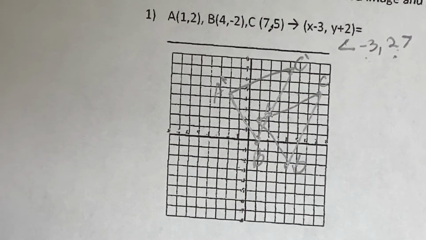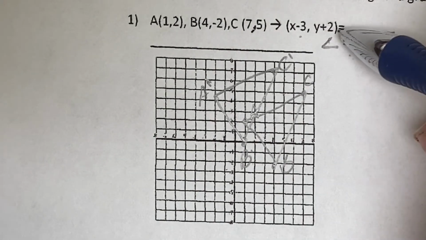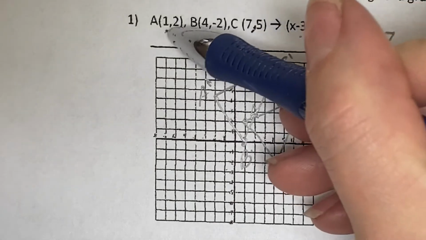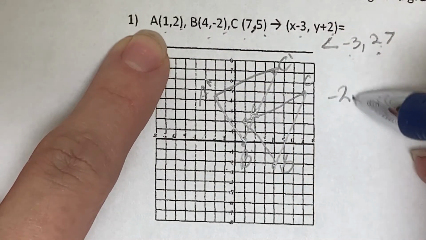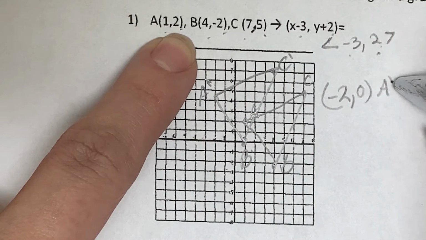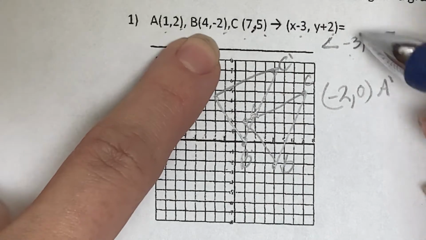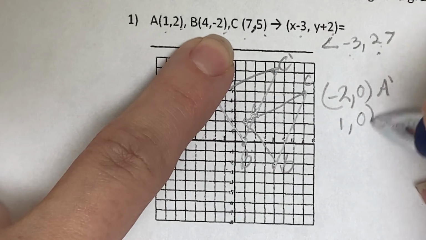Alright, that is the easier way to do it. I'll show you the algebraic way of doing it. You can take negative 3 and positive 2 and apply that to each one of the coordinates. So you could have said 1 minus 3 and 2 plus 2 gives me 0. This is where my A prime should land. You could take 4 minus 3 gives me 1, negative 2 plus 2, 0.